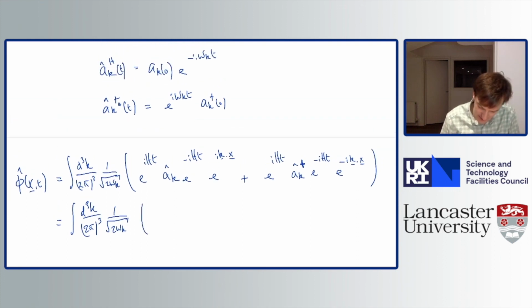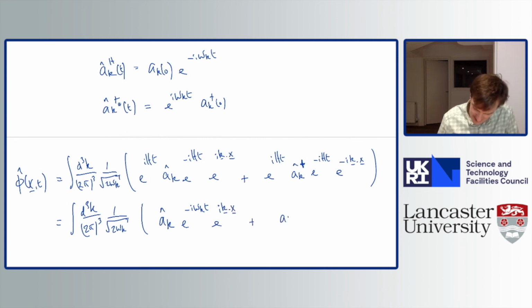Put in that it's a_k. It's time independent, so I'm going to drop the label 0. It's just going to be understood to be a time independent operator. And I had e^{-i omega_k t} that I need to put in. It comes from this factor. And then I need to remember that I had an e^{i k dot x} factor.